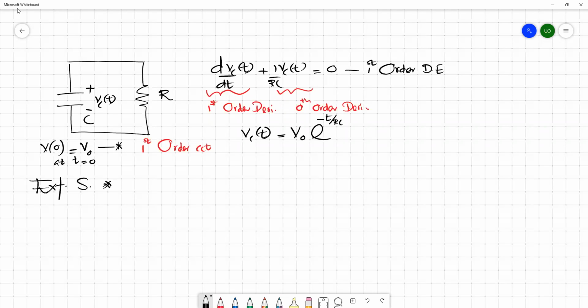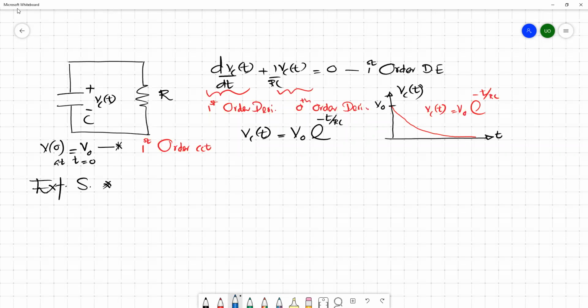Once you plot it, we have a time axis, and this is your voltage across the capacitor. At t equals 0, we have a V naught voltage, and then it is an exponentially decaying function. So this is Vc(t) equals V naught e to the power minus t over RC.